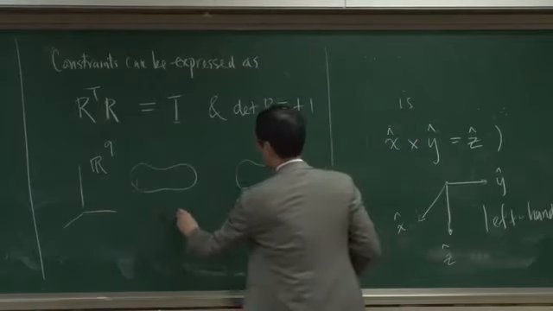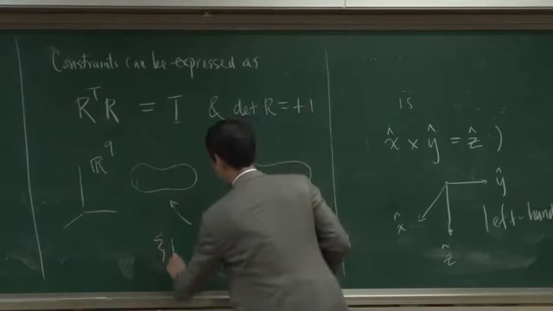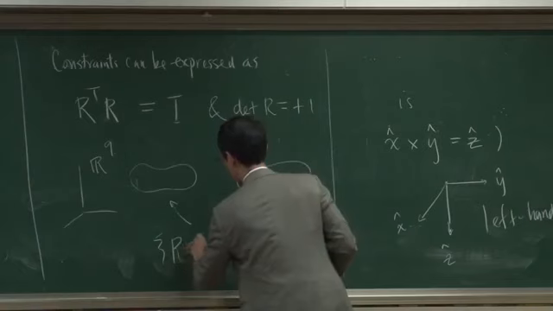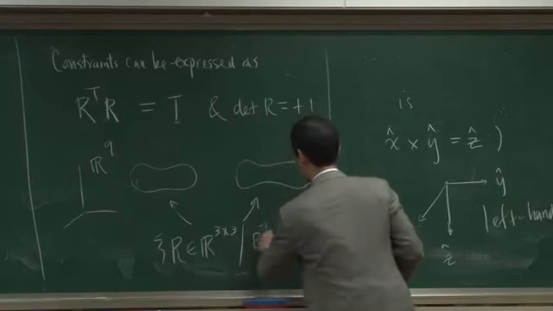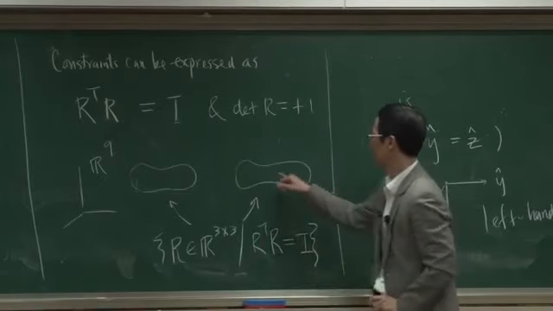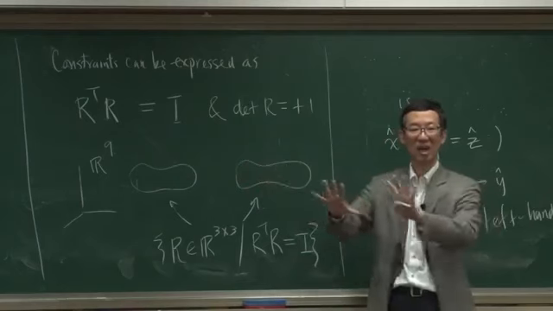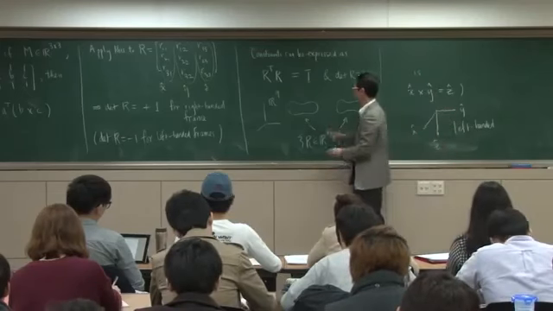These two are obtained from R such that R transpose R equals identity. So we get these two three-dimensional surfaces that are not connected to each other. They're disconnected.